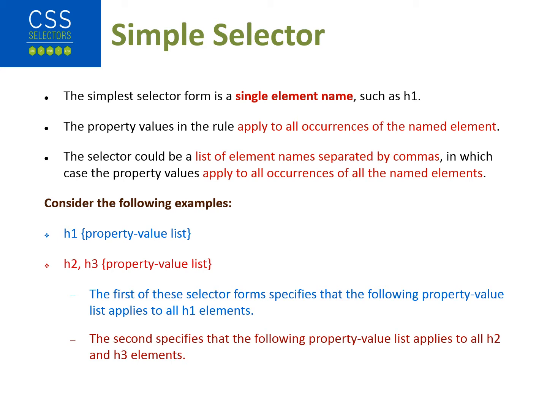In the second example, we have two selectors, h2 and h3, separated by commas. This means that both the tags h2 and h3 follow the same property value list. So the property value list is applicable for both h2 and h3. Wherever h2 and h3 are used in the corresponding HTML document, this style definition will occur.